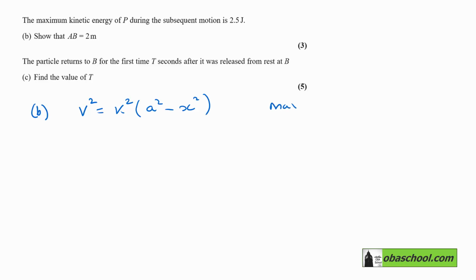And we know that the max speed occurs when x is equal to 0, so when it's at the equilibrium position. And that maximum speed is v equals ka. So v would be equal to root 40 a, since we found that k was root 40 earlier.